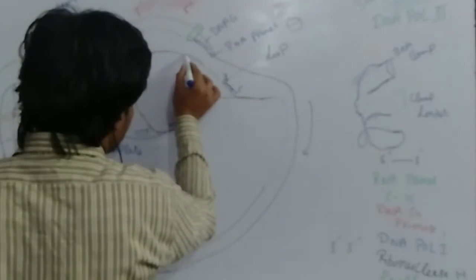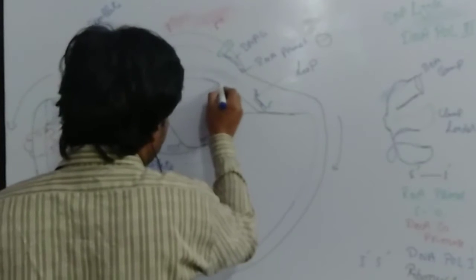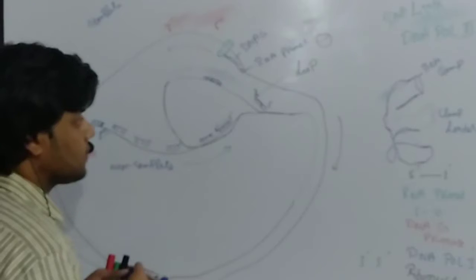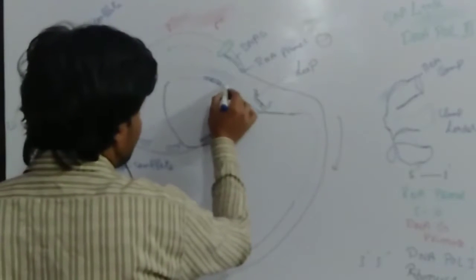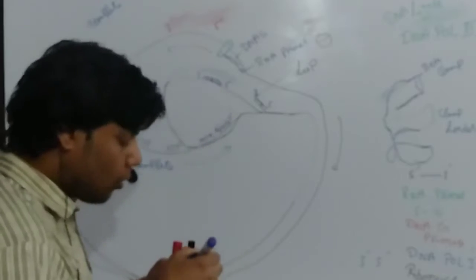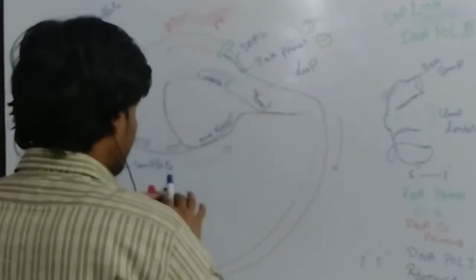Again we have what? Let me draw again. We have the nucleotides. These are actually the RNA primers. And now as the RNA primer direction has looped, the direction is also changed. Okay, so then DNA polymerase 3 can bind here. So the DNA polymerase 3 can load at that specific area.